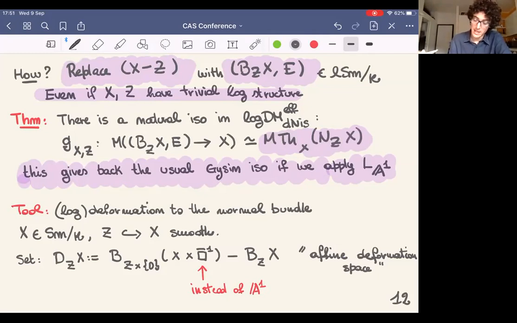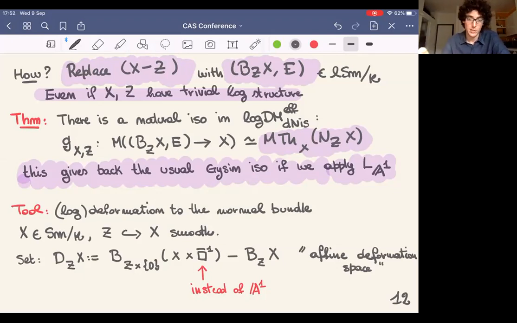Maybe this is an important remark: if you take A1 localization of this thing, so if you pass from logDM to DM, thanks to the functor that I mentioned a few slides ago, this gives back the usual Gysin isomorphism that, for example, was discussed by Frederico in many of his papers.